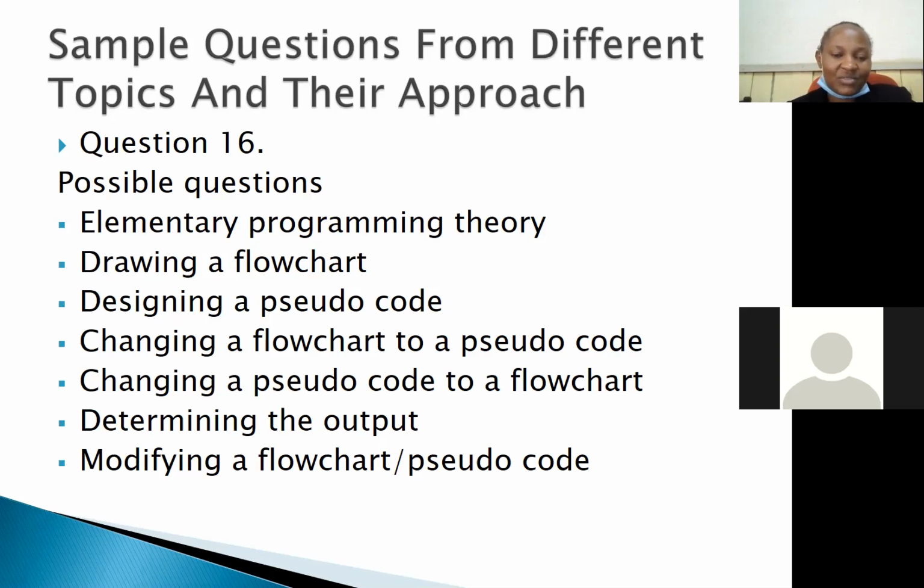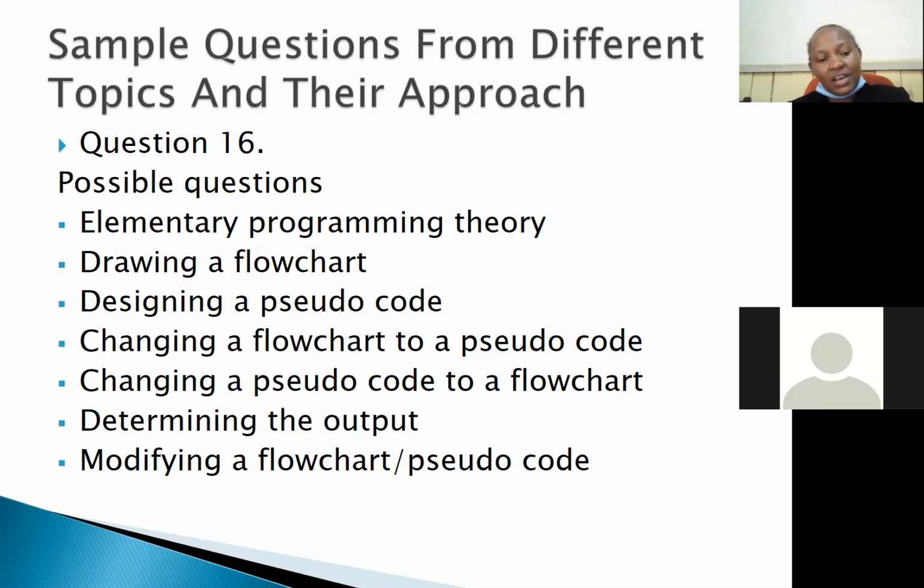In this case, where you are supposed to change a flowchart to a pseudocode, you are supposed only to remove the symbols, and then you write the pseudocode. But as you are removing the symbols, you are expected to know the control structure that is used so that you can apply it at the point where the control structure comes in your pseudocode.